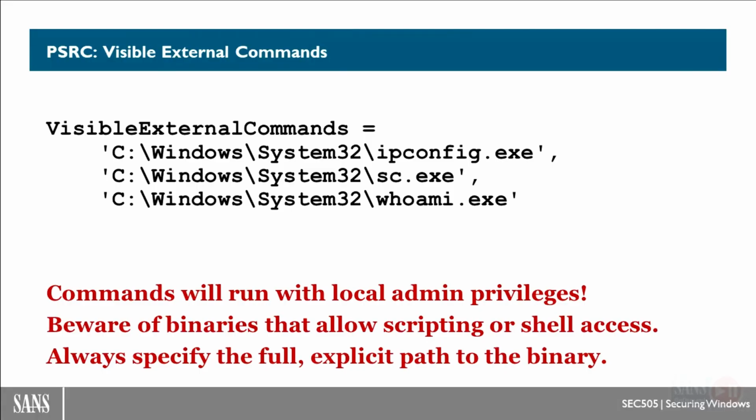Now this also implies that if a command is allowed and that command launches another process, well, that other process is also allowed. And that other process is also going to run with elevated privileges. So if I remote into the machine, let's say with a local account named Jason, I'm allowed to run a function.